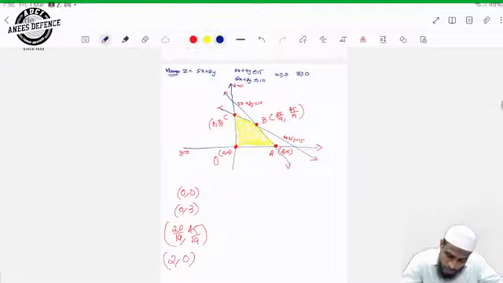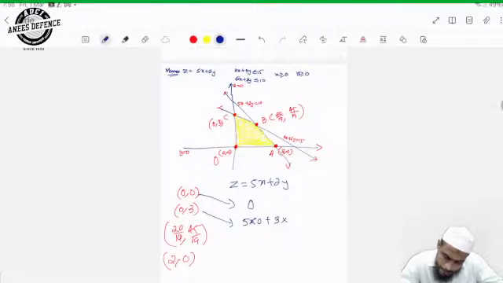If you put these values in our objective function, z equal to 5x plus 2y, what will you get? At O you get 5 into 0 plus 2 into 0, which is 0. At C you get 5 into 0 plus 2 into 3, so we are getting 6.